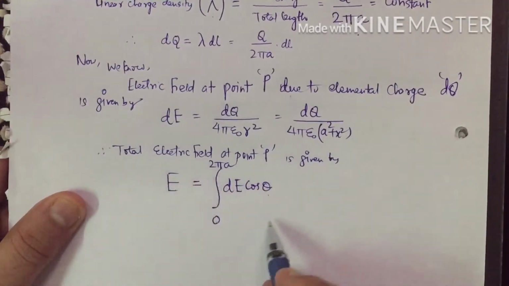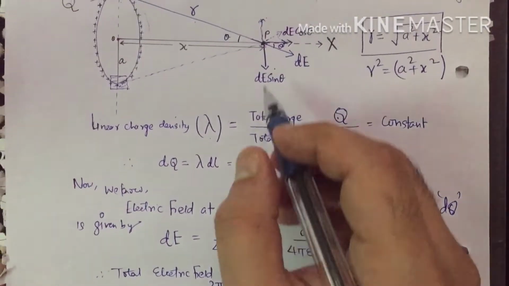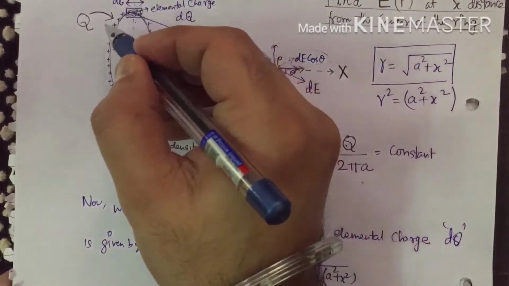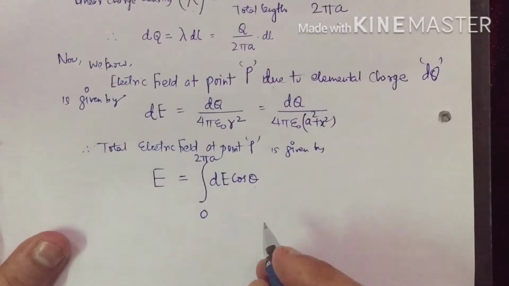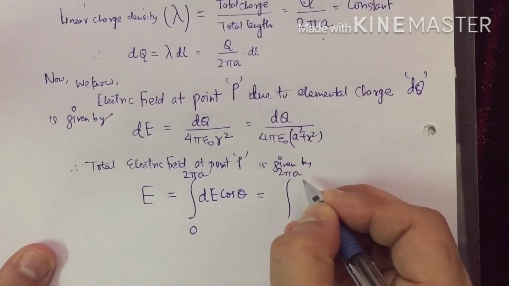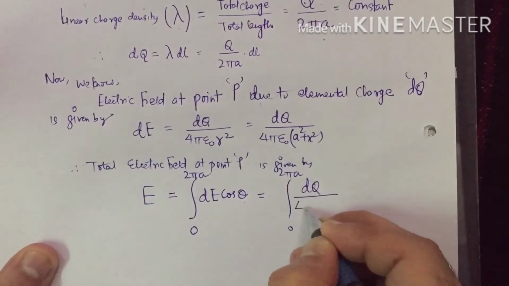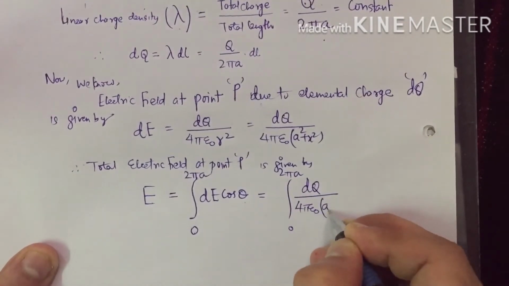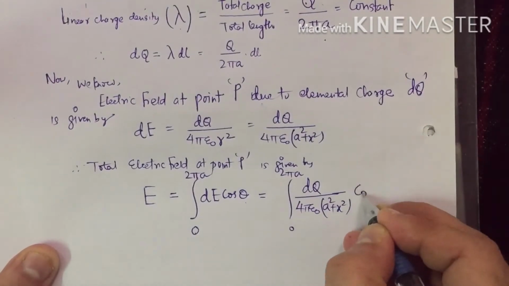This will give you the total electric field at point P due to this entire distribution of charge. Therefore, integral 0 to 2 pi a. What is dE? We have dq by 4 pi epsilon naught into a square plus x square, cos theta.